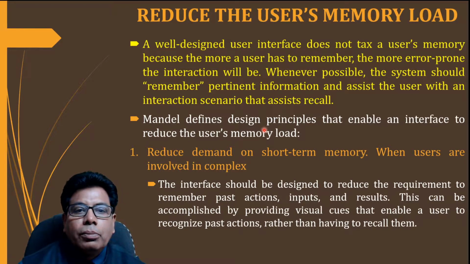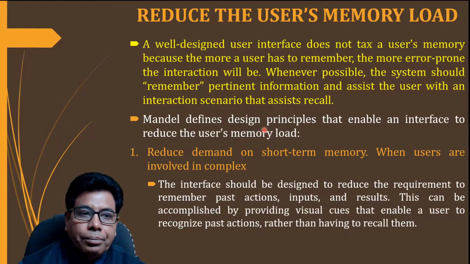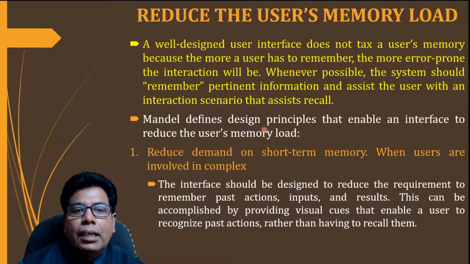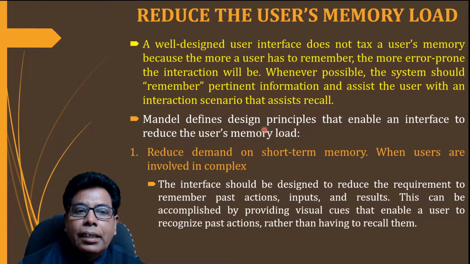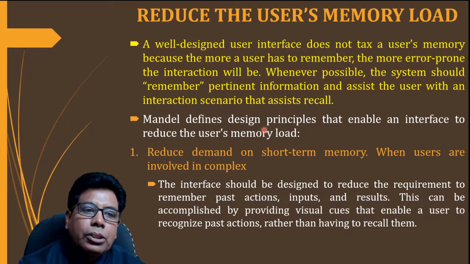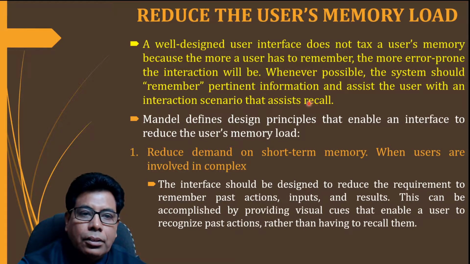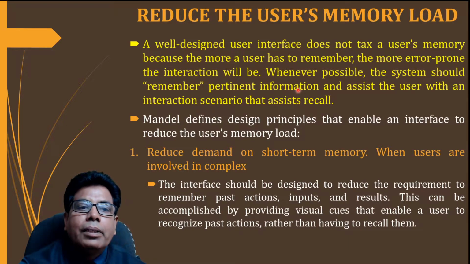So whenever possible, the system should remember pertinent information and assist the user with an interaction scenario that assists recall. By just going to a particular aspect on the screen, the user should be prompted with the action to be taken, or help should be available when the user is moving around the screen.